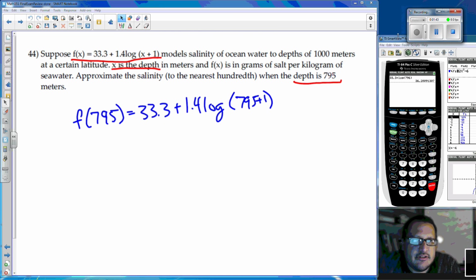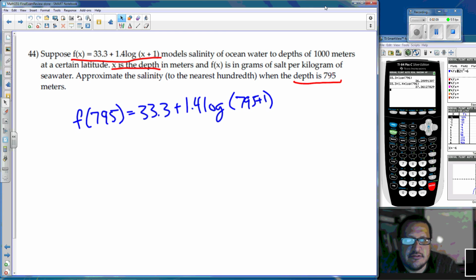And I actually have an error here because I forgot to put the 1.4. So I'm going to go to second entry, go back right there, go to second, insert, 1.4 times that equals 37.36.